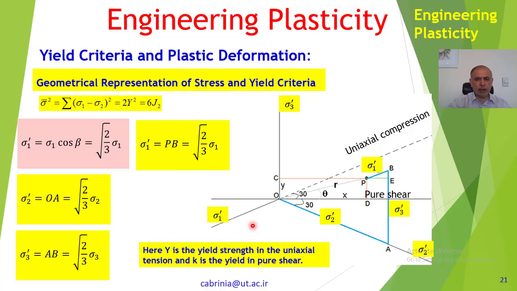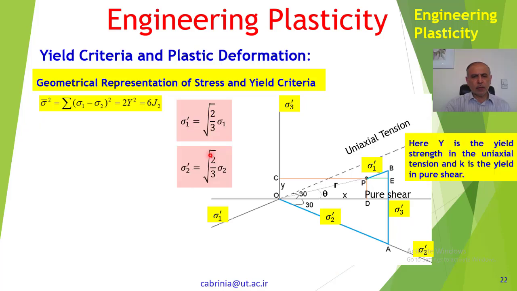Note that here we have these directions: uniaxial compression or tension and pure shear. Y is the yield strength in uniaxial tension, and K is the yield strength in pure shear. So in the previous slide, we noticed that sigma 1 prime and sigma 2 prime on these two axes are given.